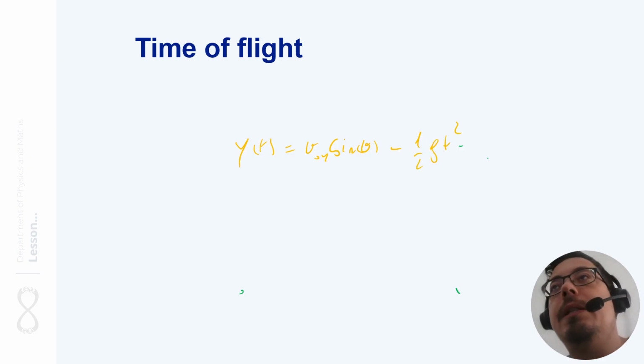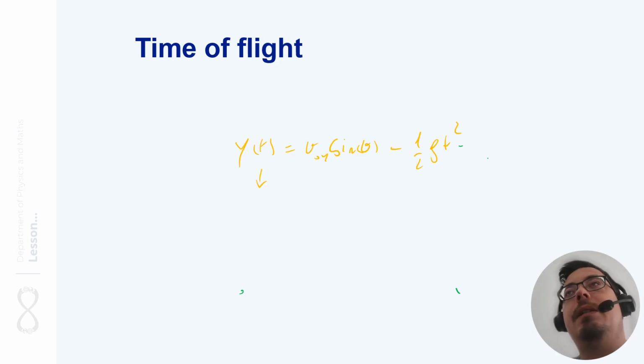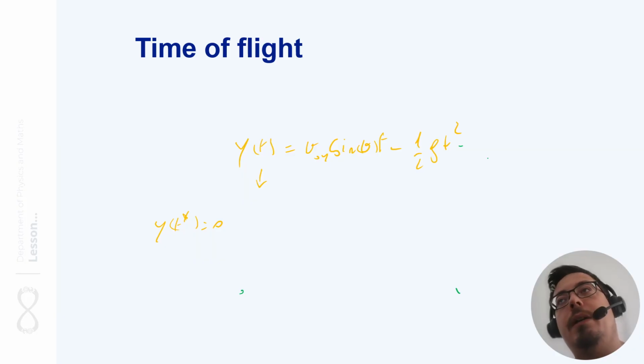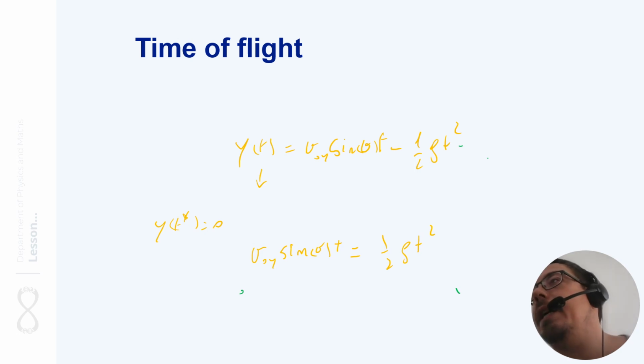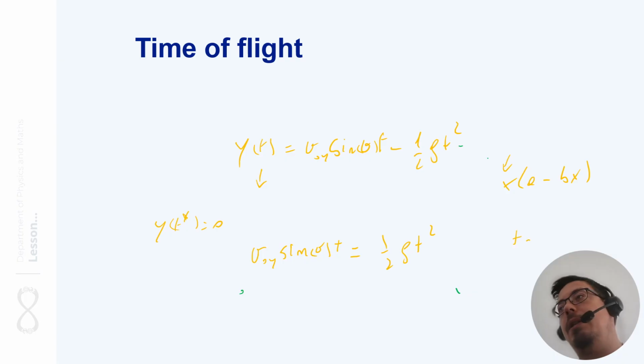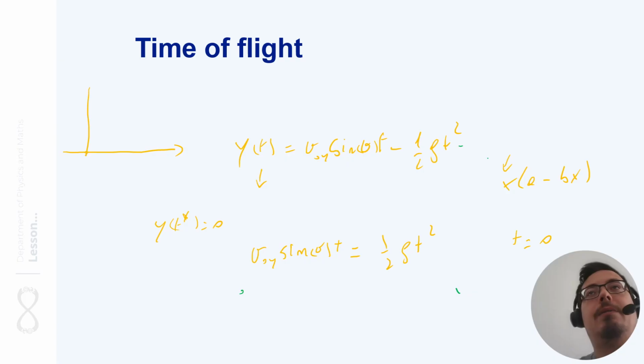And therefore, if we put this equal to 0, because it's the condition y(t star) equals 0, there is a t here, and we will find two solutions for t. v0 sine theta t is equal to 1/2 g t squared. Of course, this is a second order equation of the kind ax minus bx squared. So one solution will be t equal to 0, which we know already because at t equals 0, x equals 0 for our initial condition.